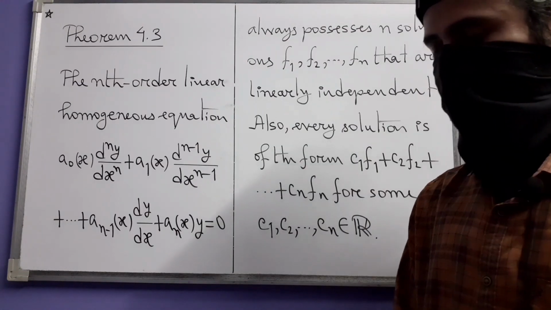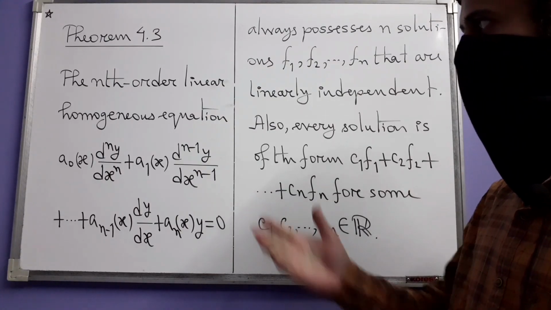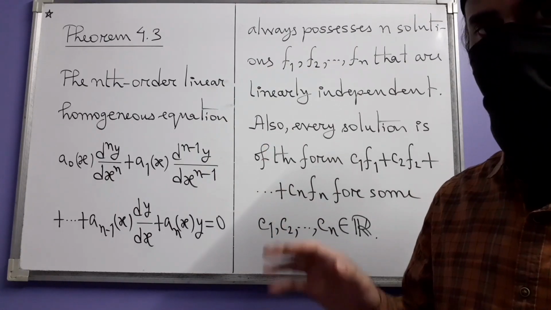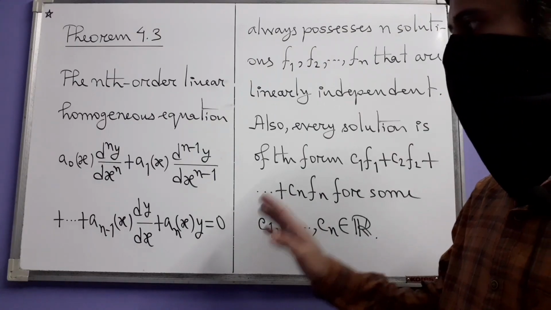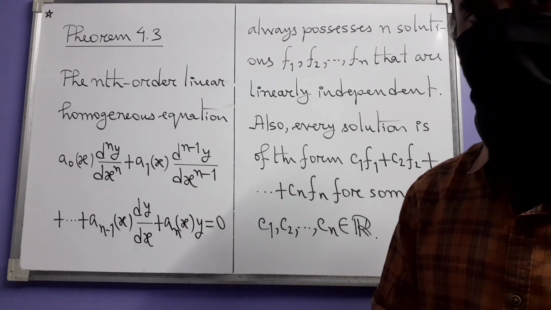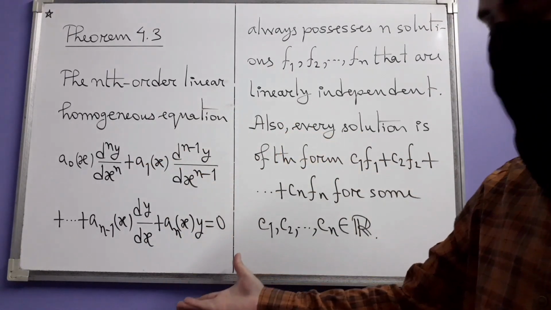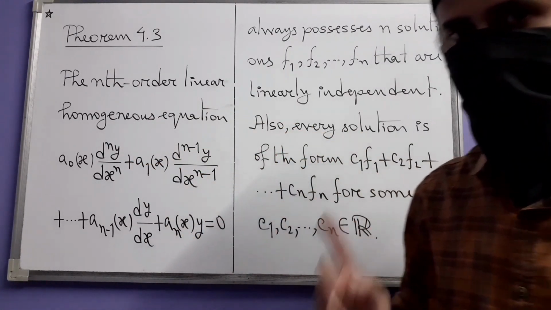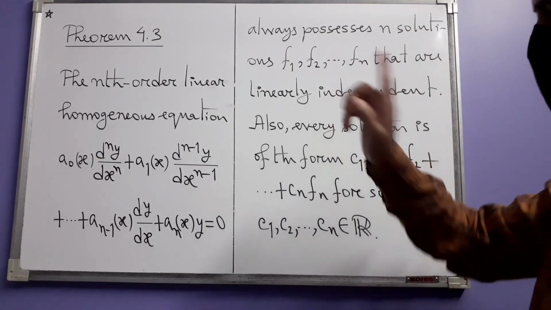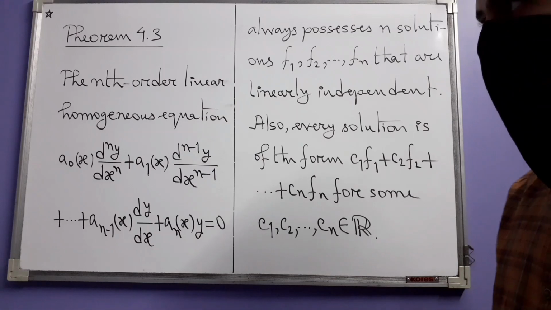And based on this notion of linear dependence and independence of functions, next we have this theorem, which is a fundamental fact about solutions of such equations, linear homogeneous equations. The nth order linear homogeneous equation always possesses n solutions which are linearly independent.